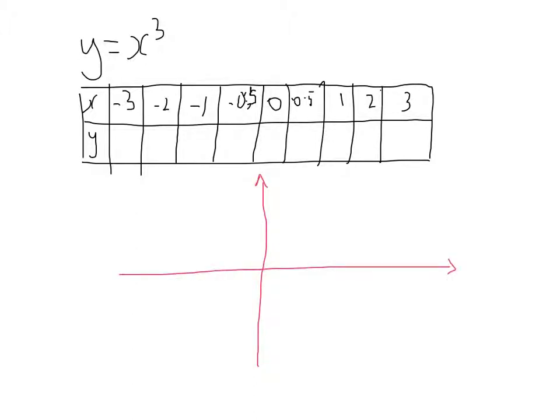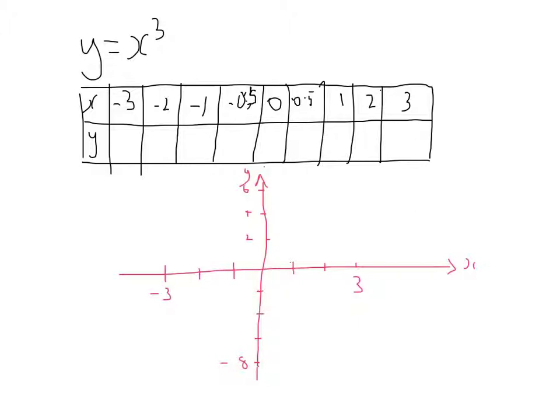Unfortunately, I don't have any graph paper on this particular thing. -3, 3, and we don't know how high we're going with this, so I'm just going to go 2, 4, 6, -2, -4, -6, and we'll go to -8 down there. -8 would actually be at the top of this arrow at the top there.